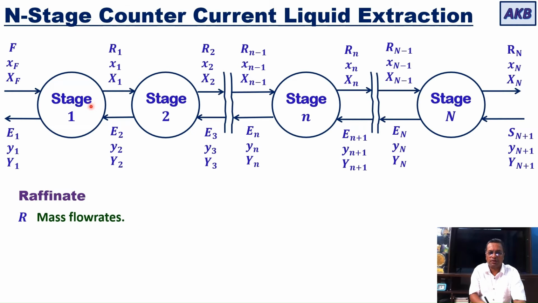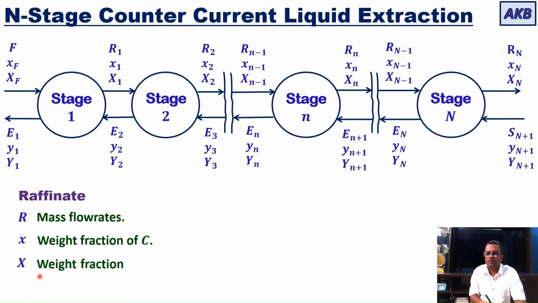So you have raffinate phase coming out of stage 1, then out of stage 2, out of stage n, and out of the final stage, the final raffinate. So R1, R2, R3, and so on, they represent mass flow rates of raffinate phases that are coming out of various stages. Then small x1, small x2, xn, these are weight fractions of C in those raffinate phases. And all capital X, these are weight fractions of C on a C-free basis in all those raffinate phases.